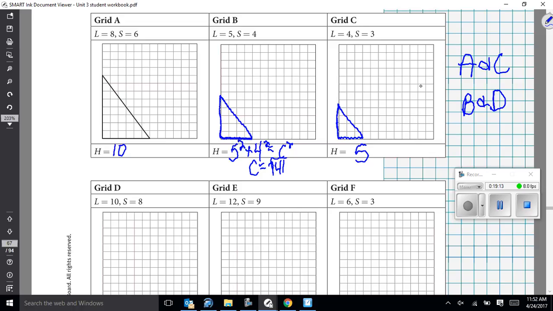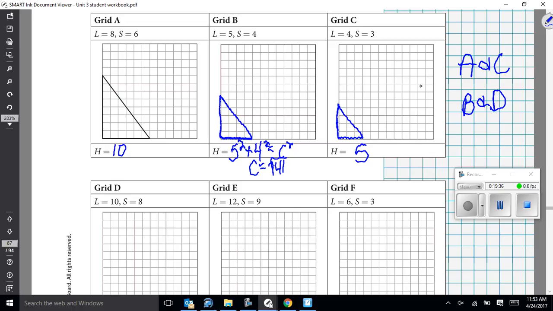All right, so what else? What about E and F? No, just 2. So here our short sides are the same, so that's not it.